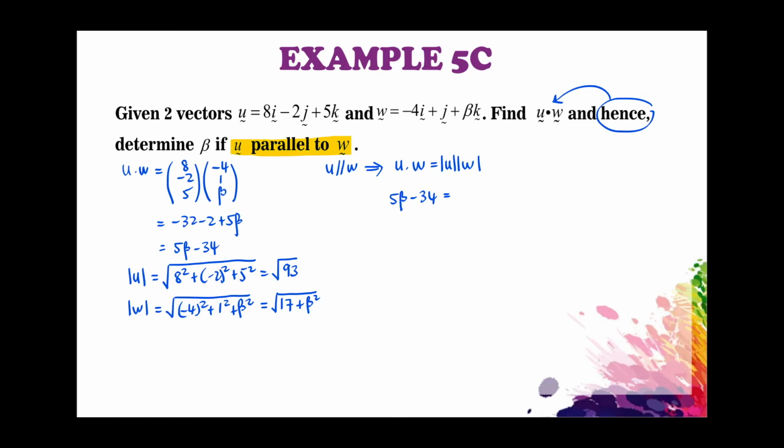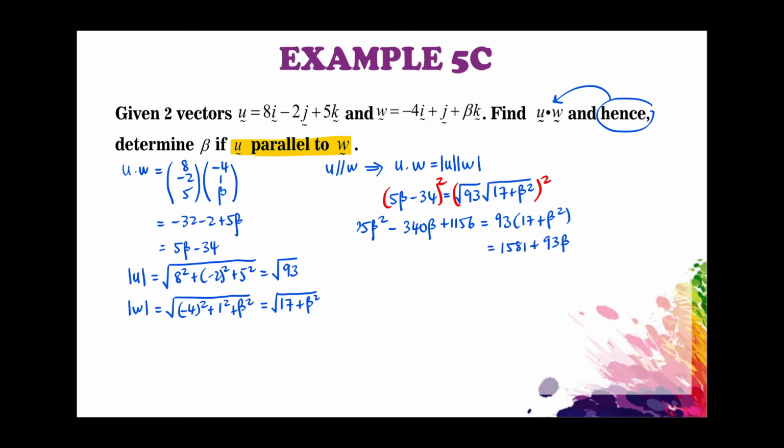On the right hand side, we have square root 93 times square root 17 plus beta squared. Okay, so to cancel out the square root, we have to square both sides. So the left hand side, we have 25 beta squared minus 340 beta plus 1156. While on the right hand side, we're going to have 93 times (17 plus beta squared), which gives the value 1581 plus 93 beta squared.